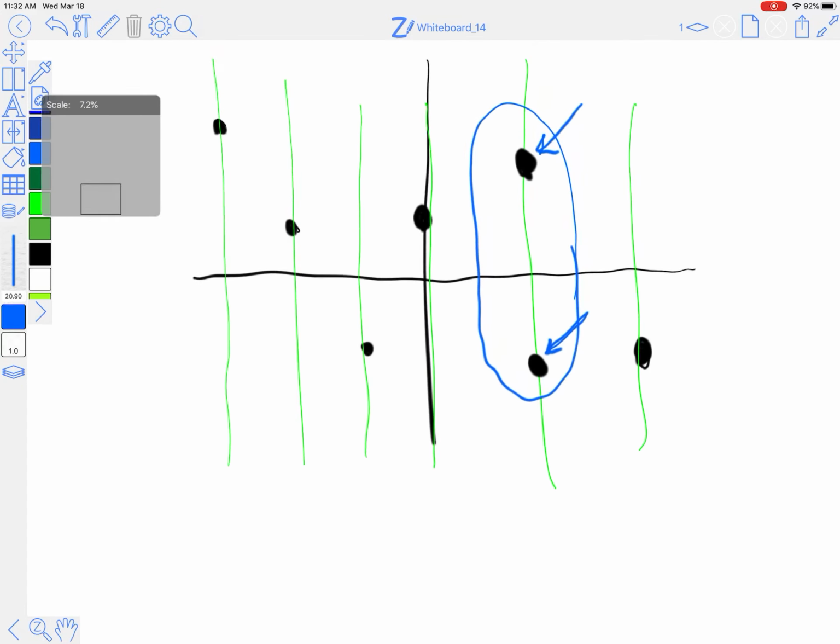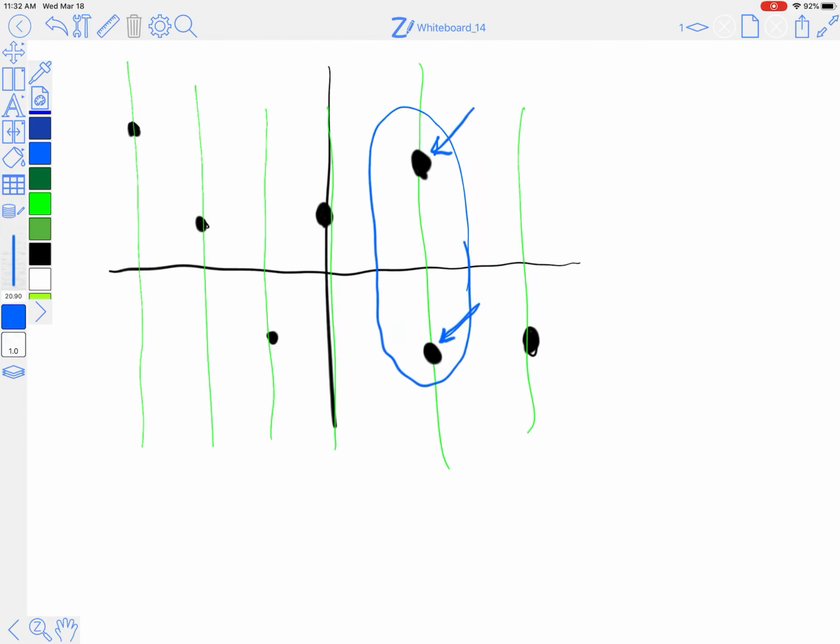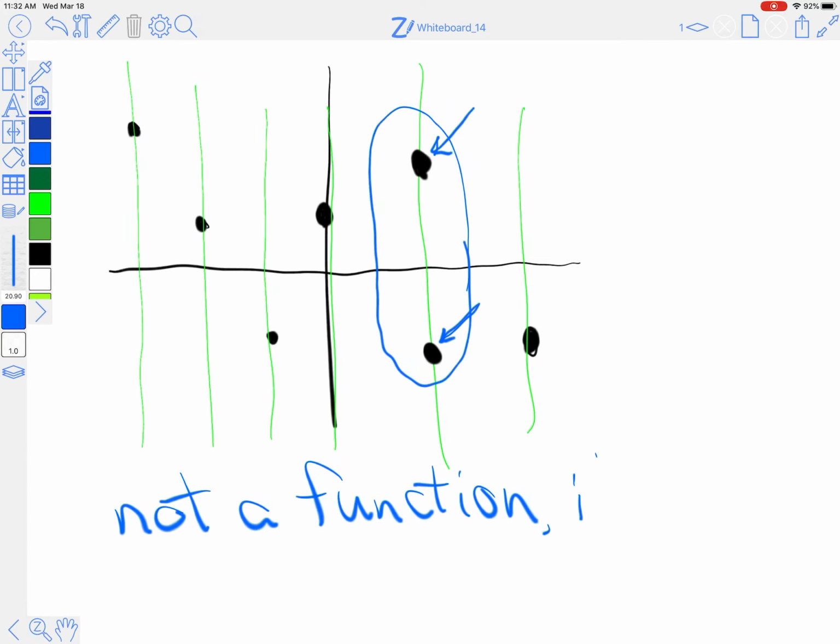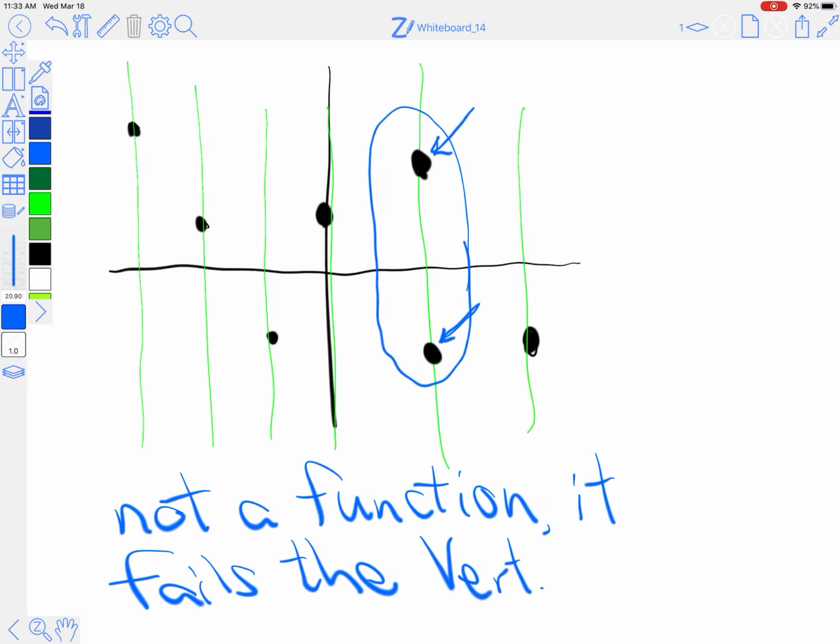So if I were answering this question, is this graph or is this relation a function, I would say that it is not a function. It fails the vertical line test.